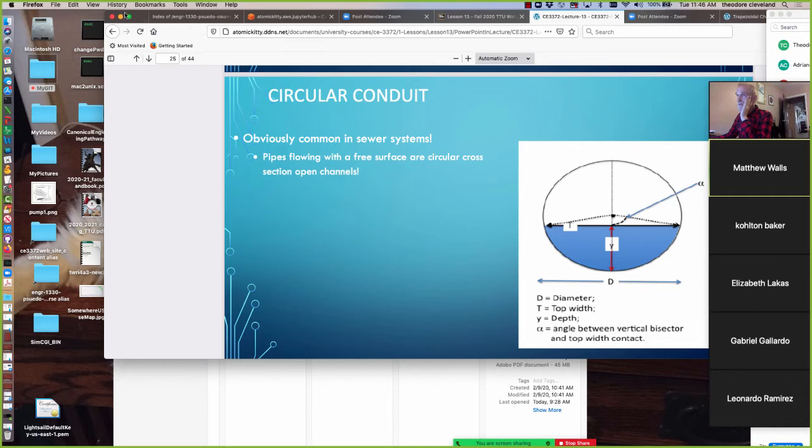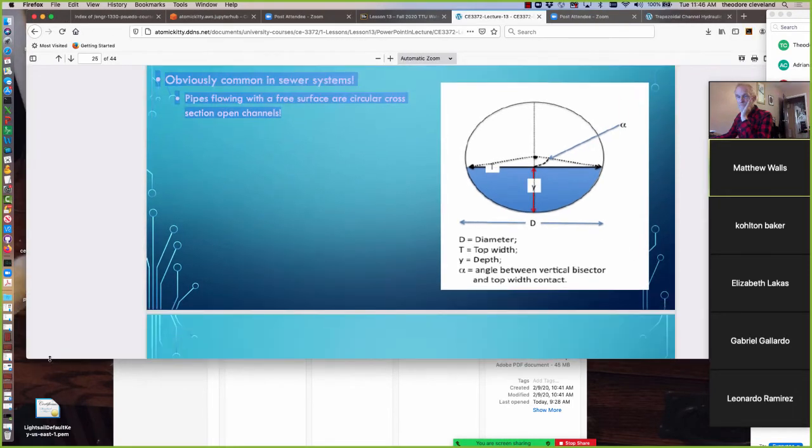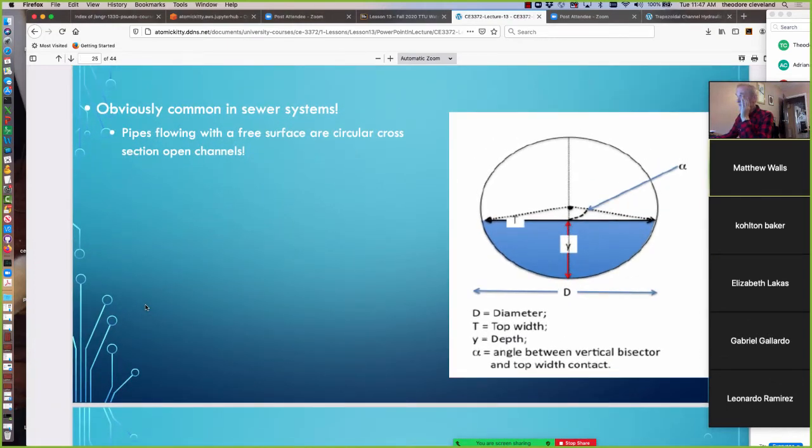The other geometry of interest is the mighty circle. In the circular geometry, let's look at the definitional sketch. This is supposed to be a circle, although I have to confess it looks like an ellipse to me also. This would be a case where you have a pipe, but it has a free surface.